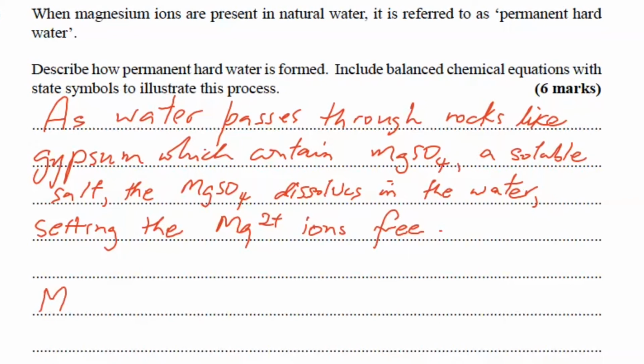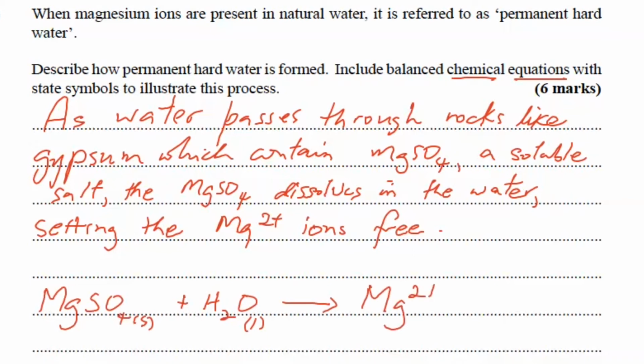Equations here, this part is tricky, which we don't need because this is already a counterintuitive concept. So we would write magnesium sulfate, the solid rock that we mentioned just now. Water is added to that, and we would end up with Mg2+ aqueous plus SO4 2- aqueous.